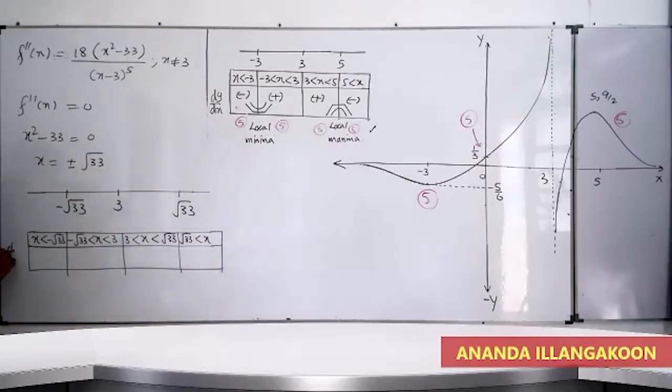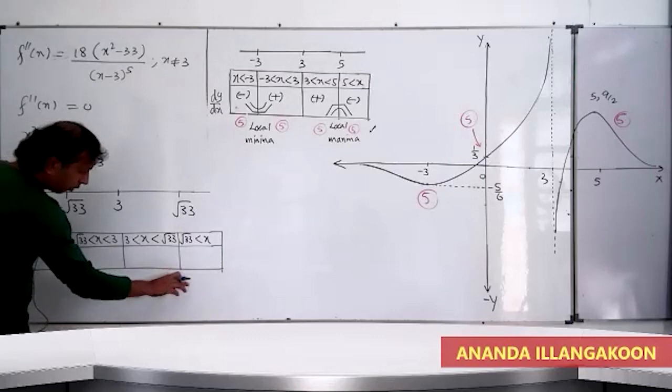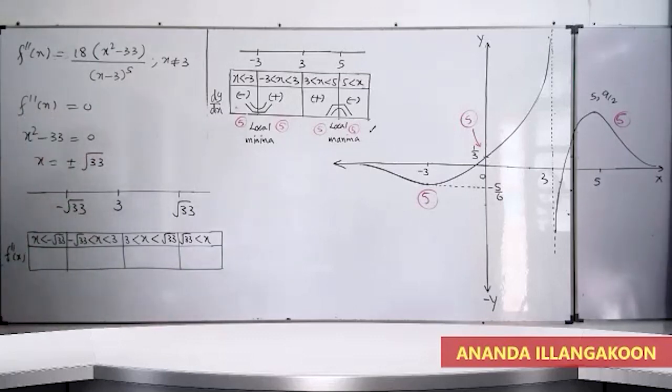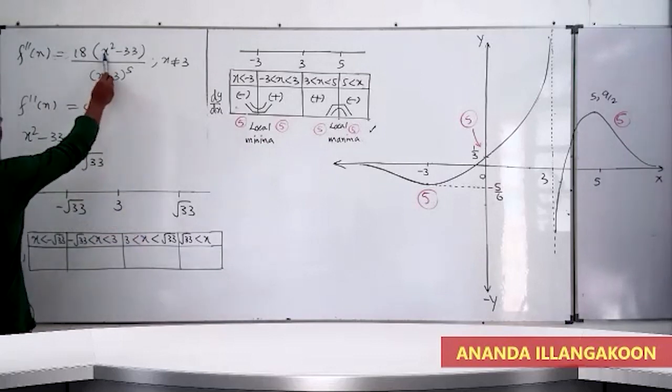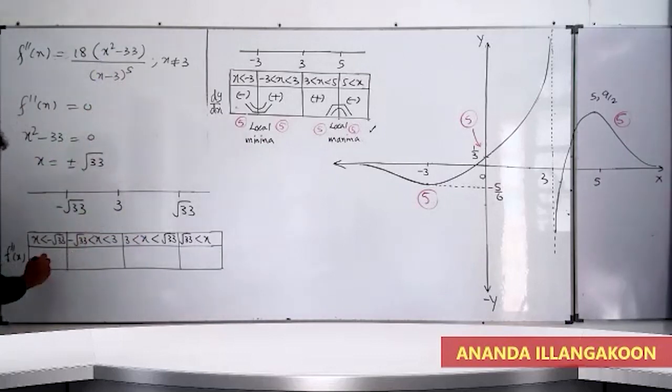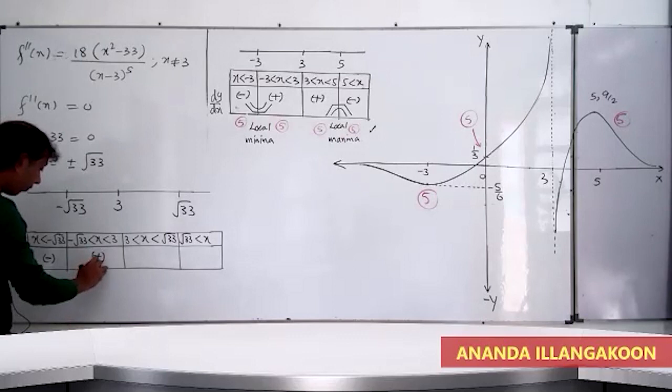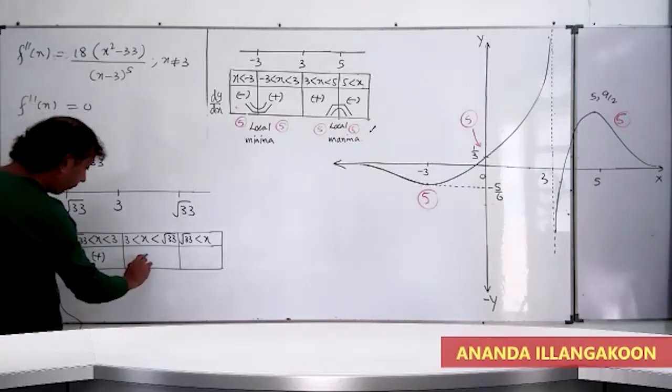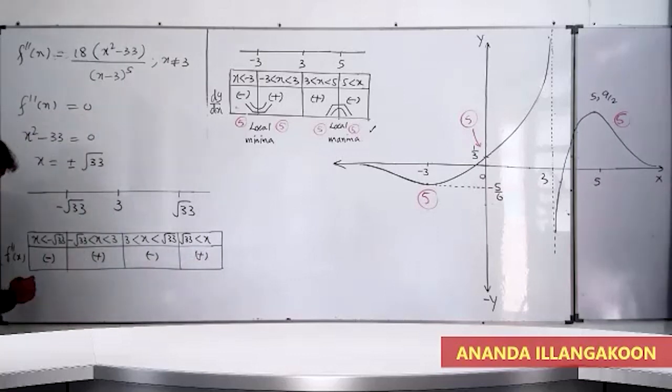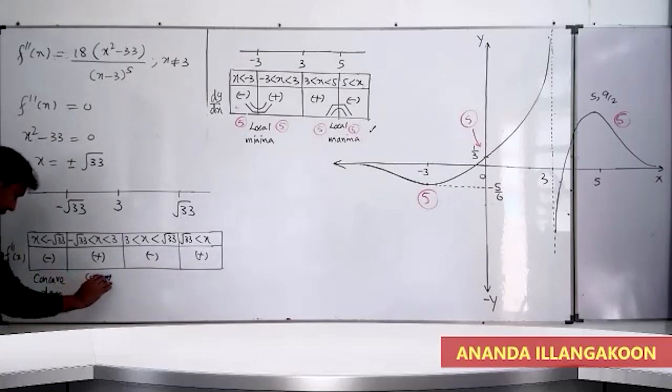The next one. Here f double dash x sign. Right, put here like minus 10, then here plus, but here minus. This is minus, no? We get plus here. Minus, plus. You know what this is? Concave down, no? Concave down. Here, concave up.